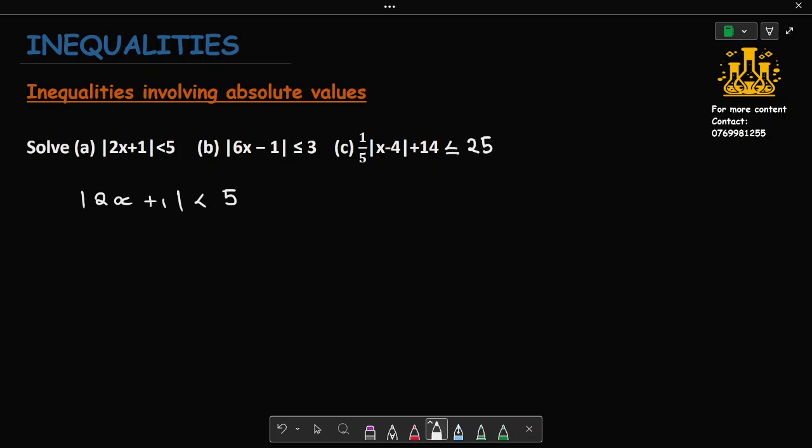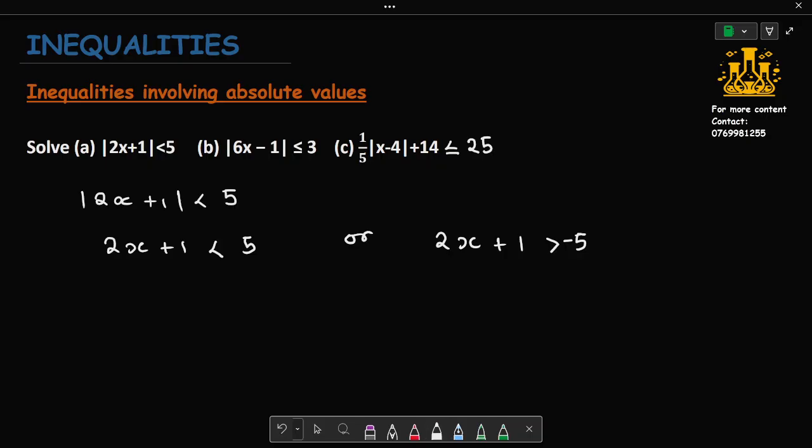Okay, so we need to separate this. We're going to have 2x plus 1 is less than 5 or 2x plus 1 is greater than -5. We have a change of sign like that.